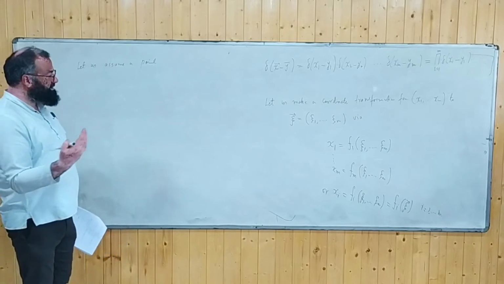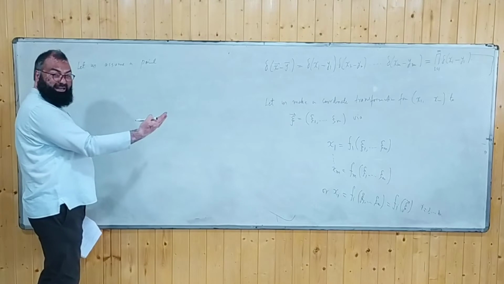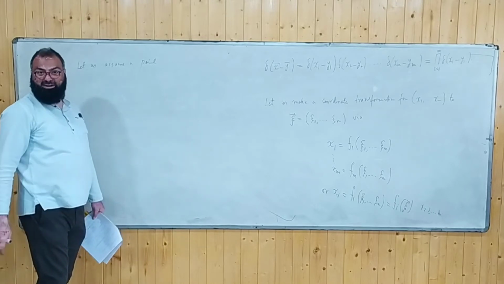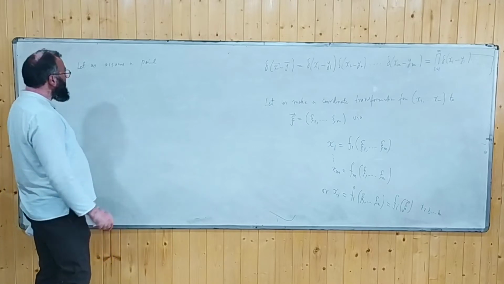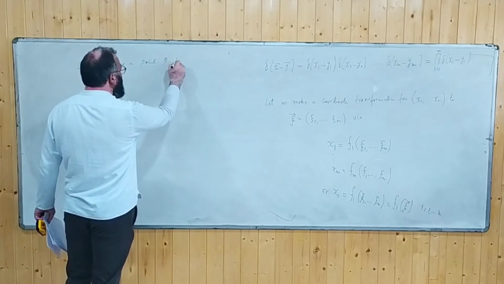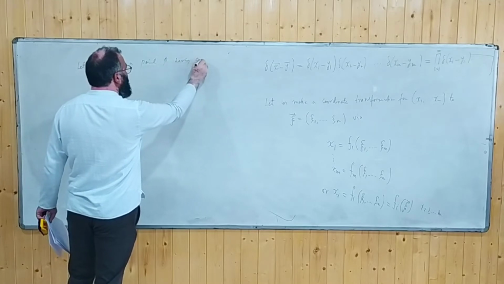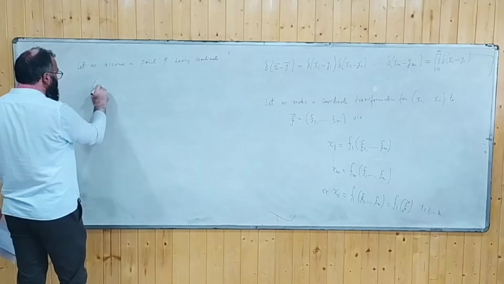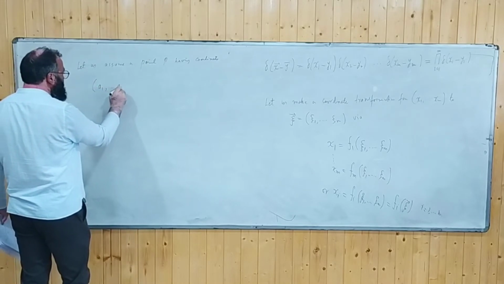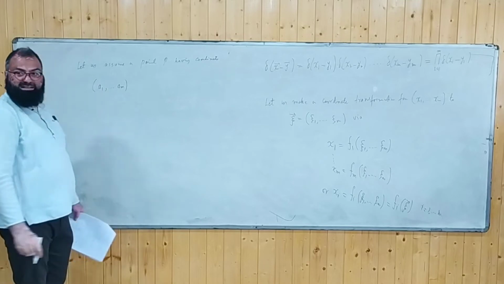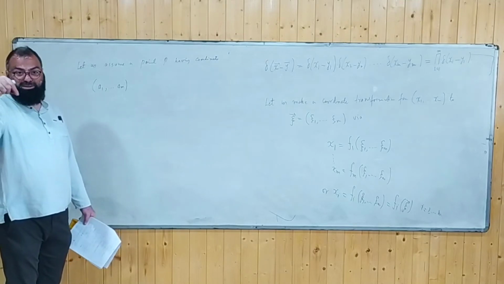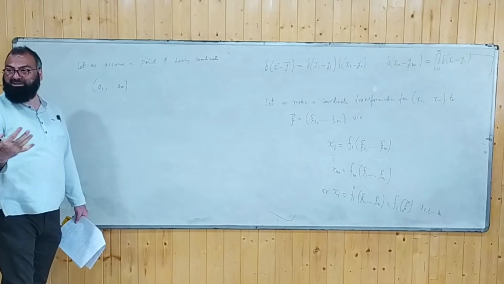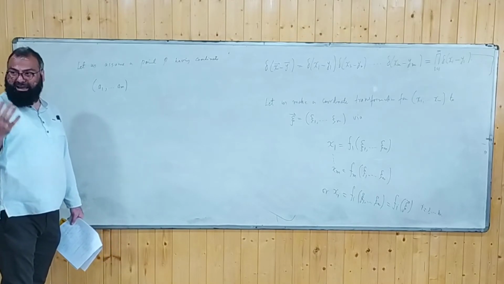So let me specify for that very point what the coordinates are. Let's assume certain coordinates in the zeta coordinate system and in the Cartesian coordinate system for that very point. Let's assume a point P having coordinates a1 to am.